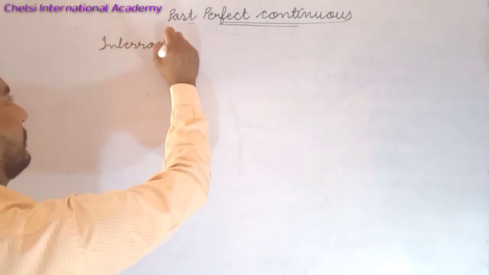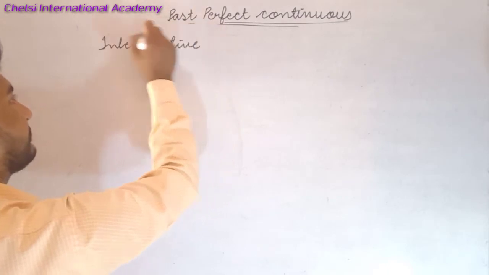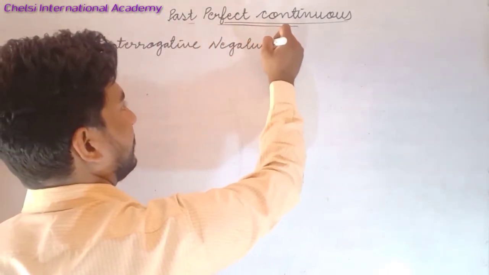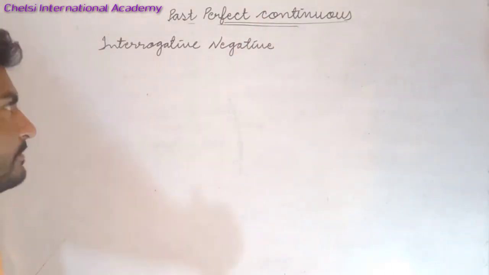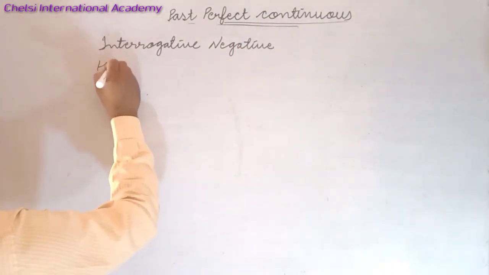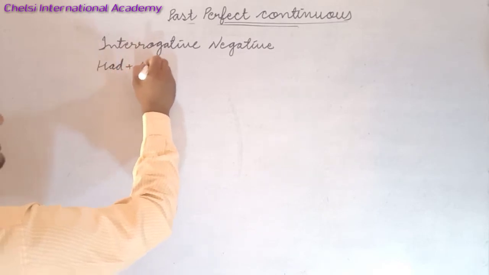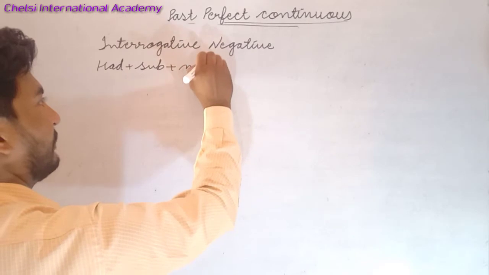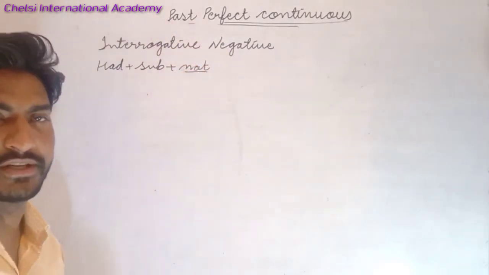Interrogative negative. First of all, had plus subject plus not, where we add not after the subject.